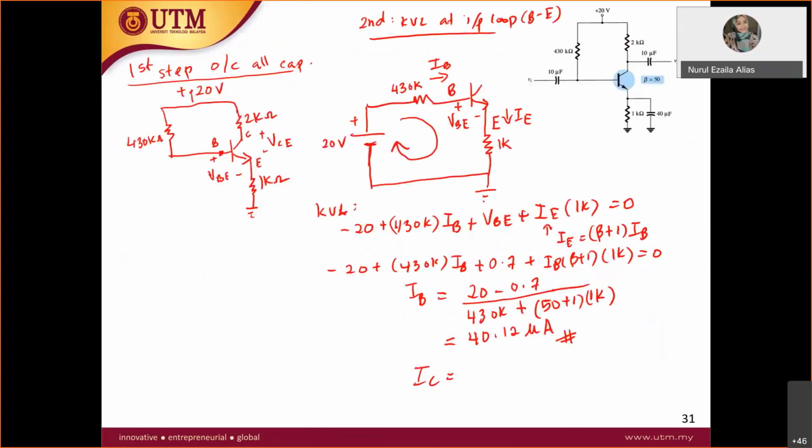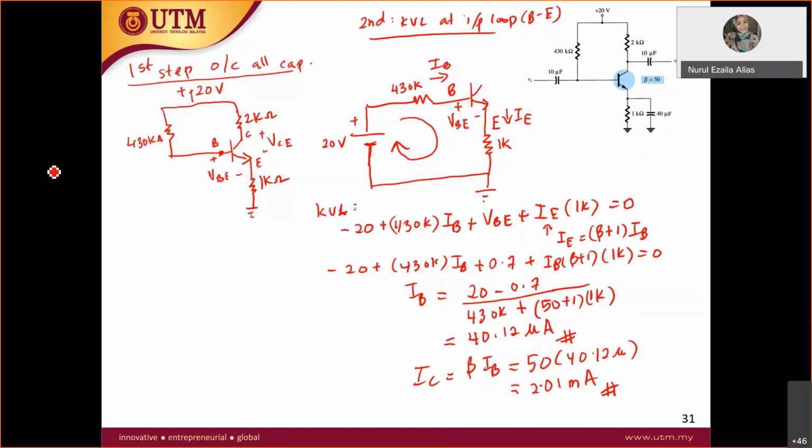Beta IB, which is 50 times 40.12 micro. So how much here? 2.006 milliampere. All right, great. Okay, that's it. For the IB and IC, at least you have done the input loop.